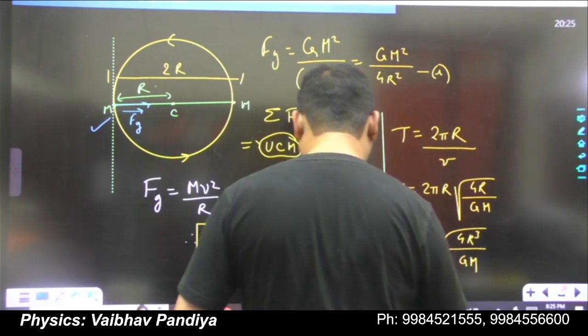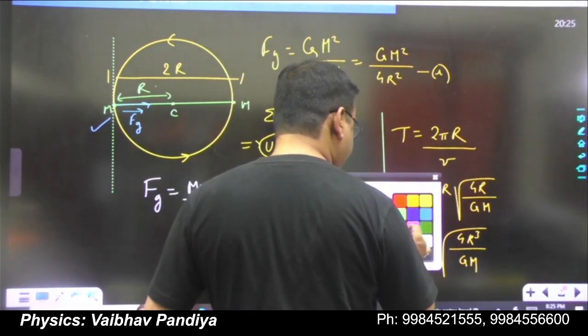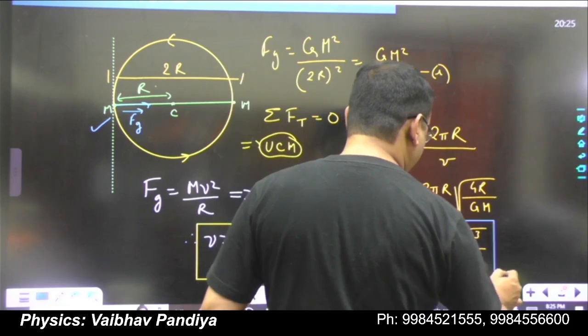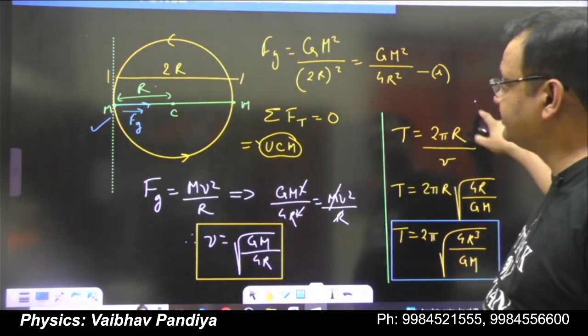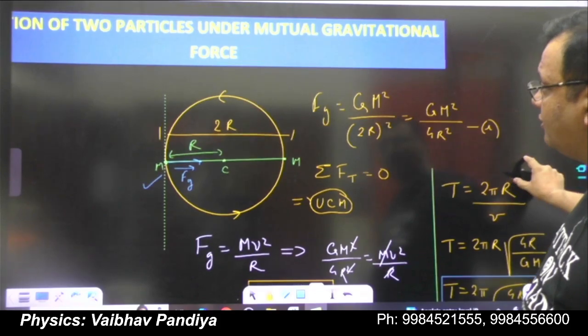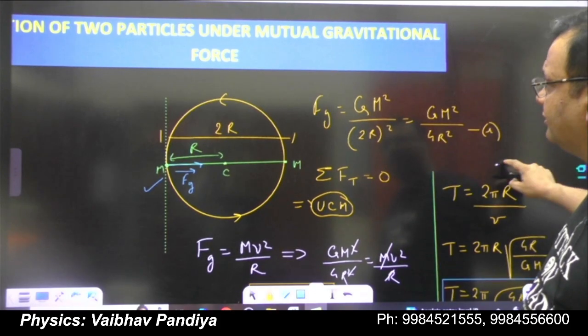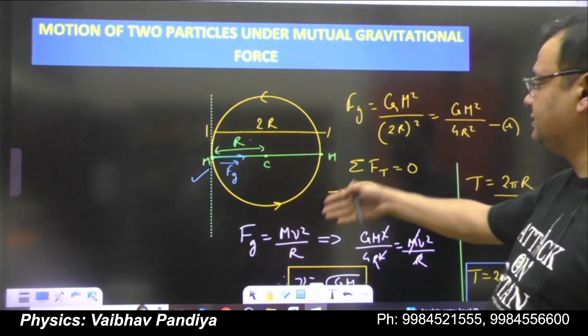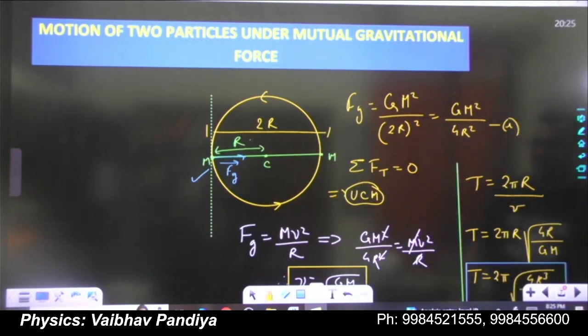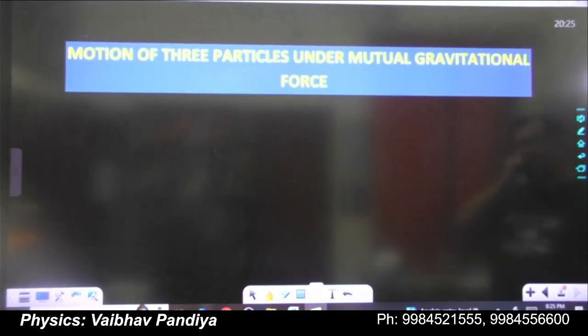So this is the time period of the particle. This is the first illustration where we have seen two particles moving in a circular path under mutual gravitational force. There is no new scale or no new concept, simply it is the gravitational force equation and the centripetal force. Now when we talk about the three particles, you can do it yourself.